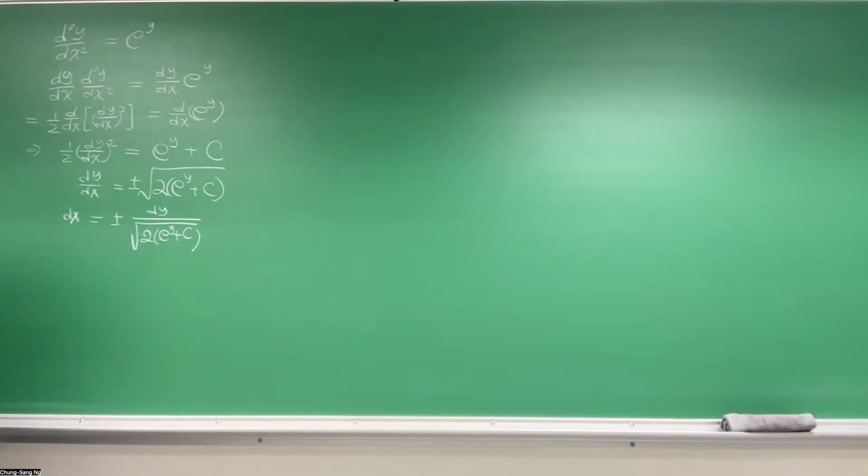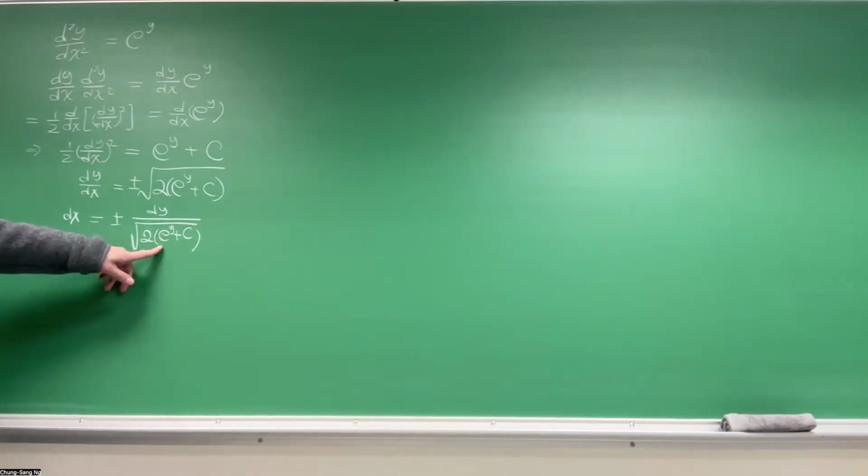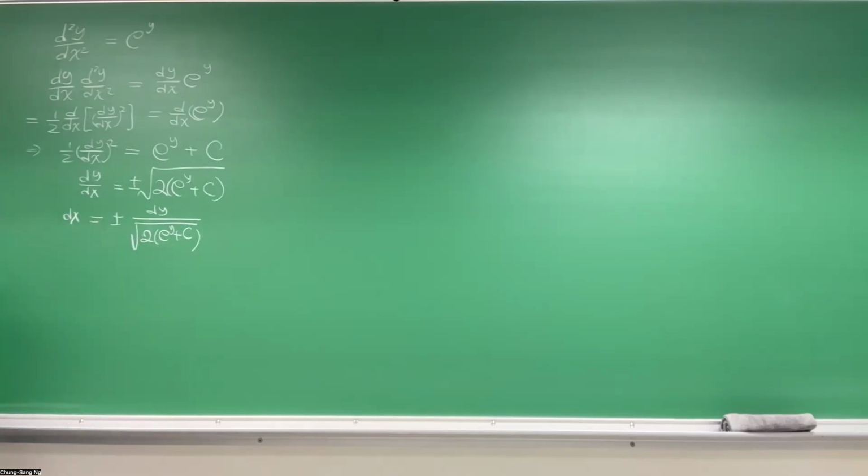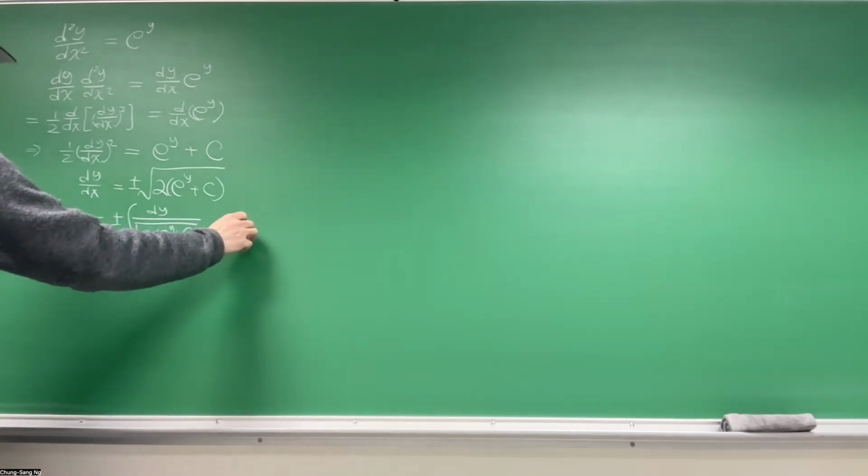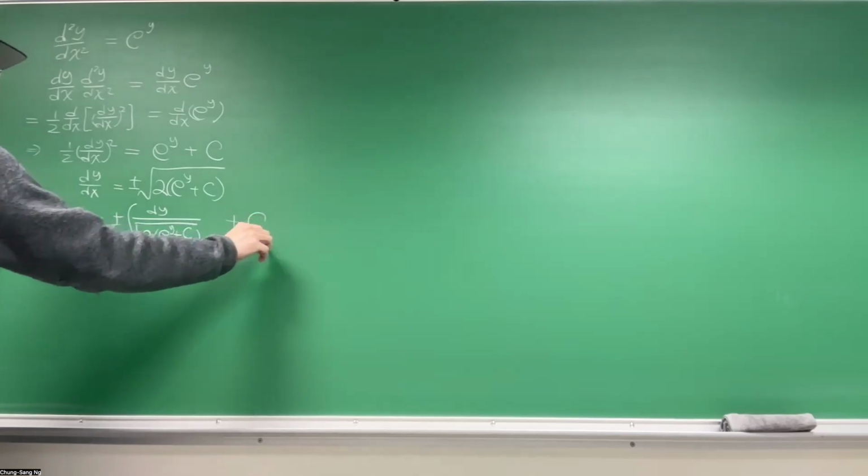Although this is not a standard form, I don't think you have a closed form for this one, but I don't know. You can look that up and try the online integrators. You integrate that out, and you get x equals that plus another constant.